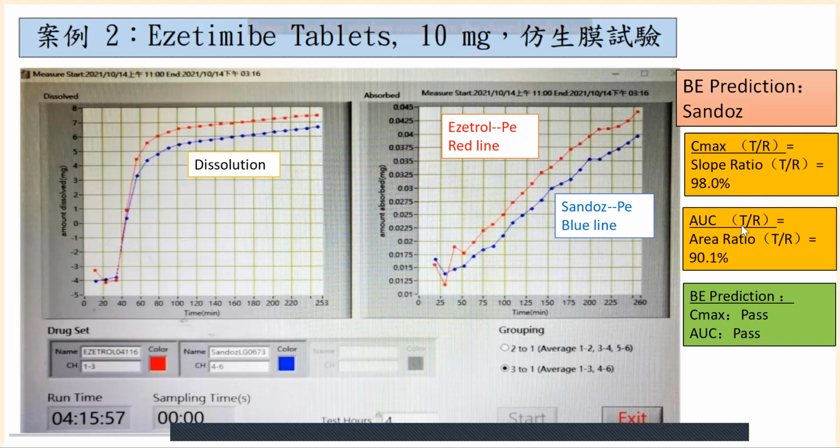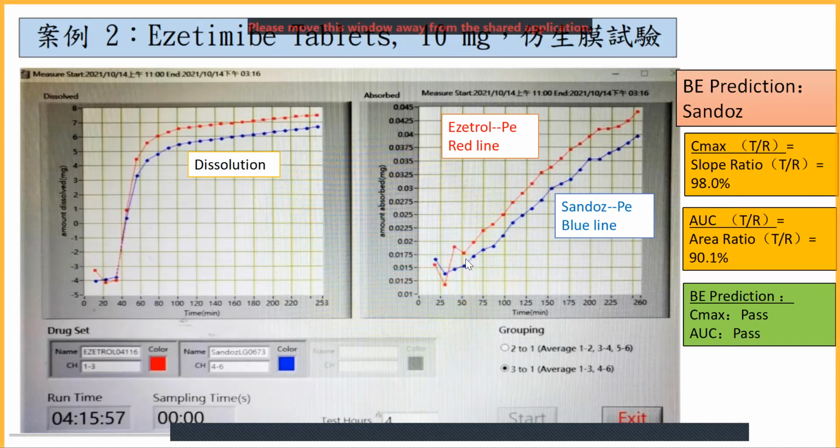And about AUC, the area under the red and under the blue, starting at 50 and up, can be calculated, and that comes up with about 90%. So both are within 80 to 120%, and the BE prediction is successful, right? Because both drugs are really approved in the market already.